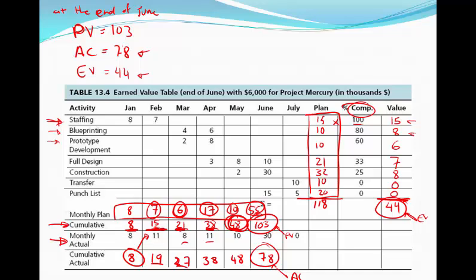So you spend $78,000, but the value you have in your project so far is only $44,000. So this is how you go about determining these three important pieces of information.